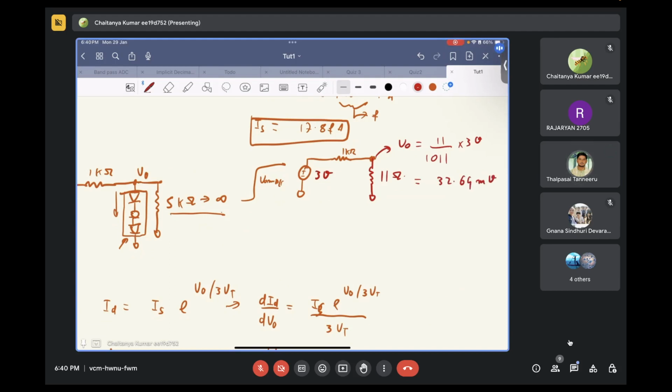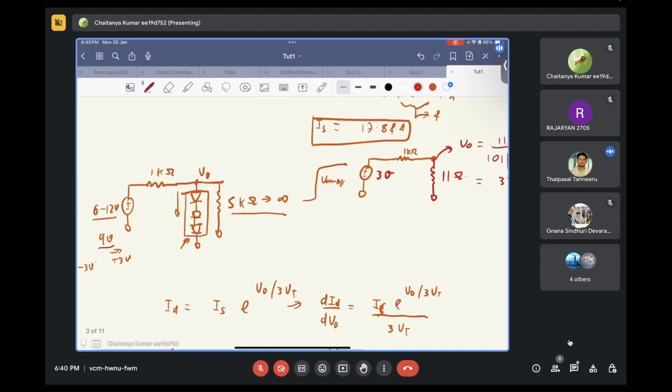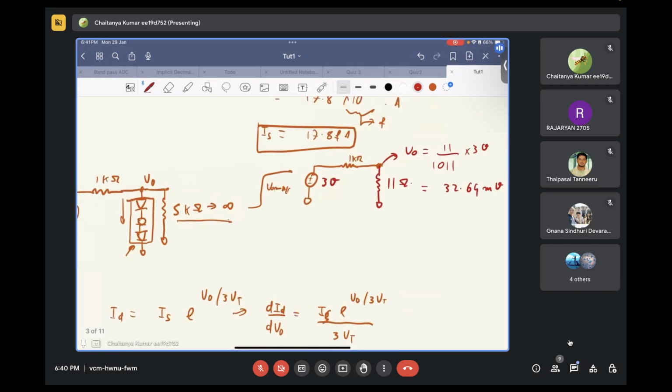So when the input voltage incrementally increases from 9 volts to 12 volts, the incremental change in V out that you observe is 32.64 millivolts. Now, this 32.64 millivolts is residing over what particular voltage that you had initially?